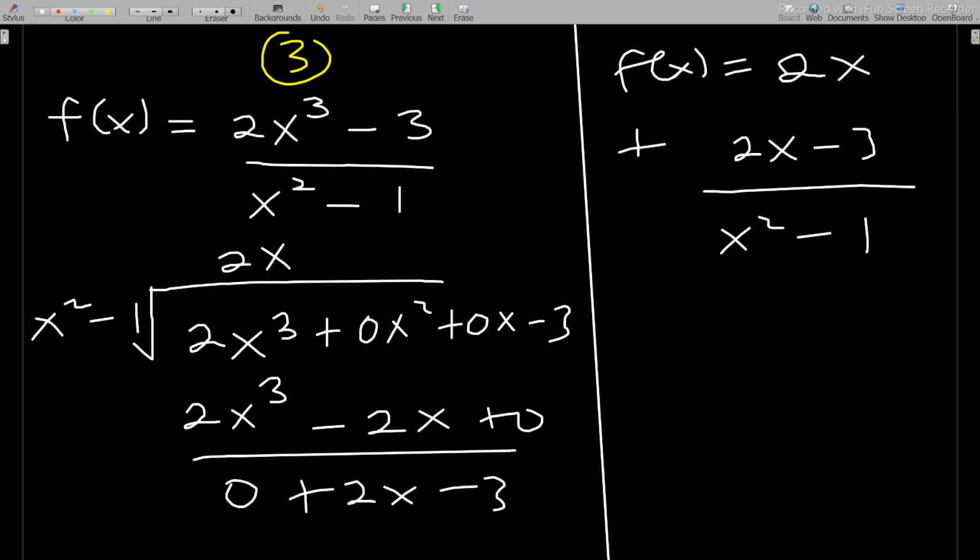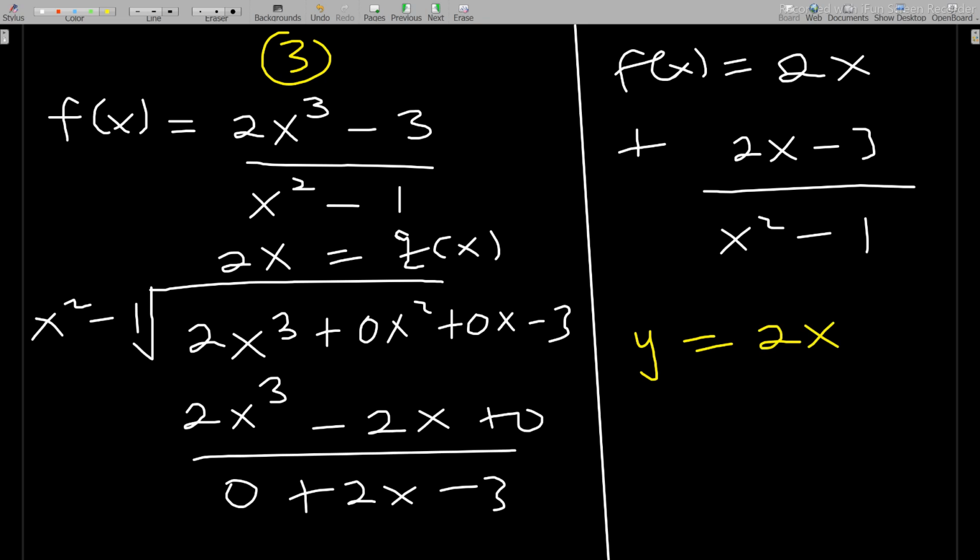Here, the quotient is the small q of x, if you remember from our introduction. So the q of x here is what we call the slant or oblique asymptote. So y equals 2x.